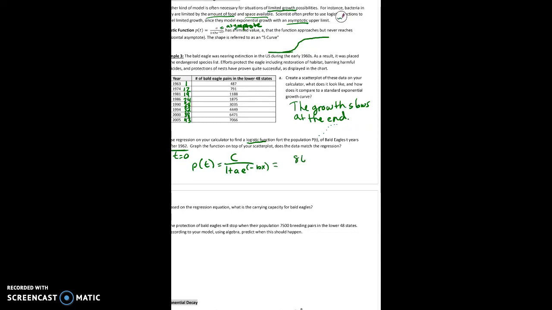So this is 8629.277. I'm going to round to the third decimal place. Over 1 plus 106.778 e to the negative 0.147x. So I want you to notice that the calculator switches some of the variables around with this formula. It still means the same thing, you just have to know how to interpret it.